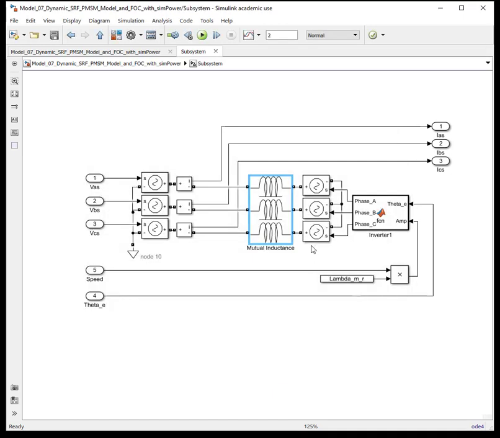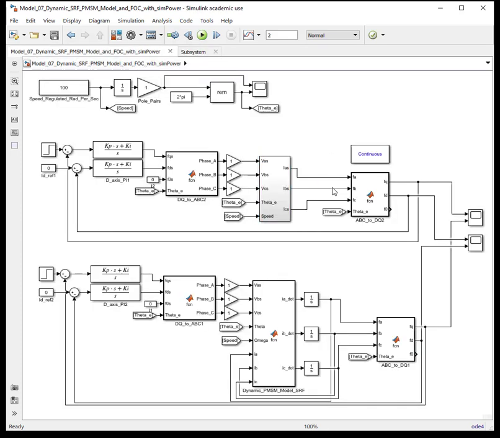So this actually makes up my model, and then you can directly measure the currents flowing in this circuit using a current measurement here. This is similar to a phase current measurement, and those phase currents are fed outside our block for our field-oriented control approach.